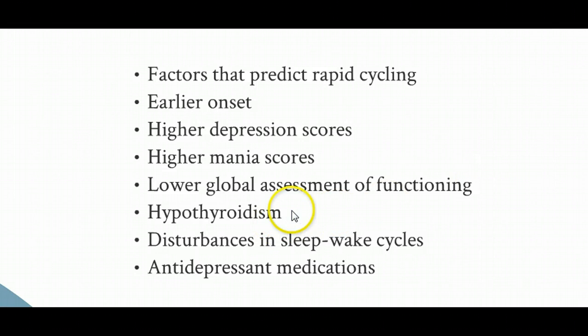Having comorbid hypothyroidism predicts rapid cycling, disturbances in sleep and wake cycles, and antidepressant medications. See, the weird thing with antidepressant medications, 10 years ago I was taught that this is a huge deal, but it's probably not as significant as was once thought.